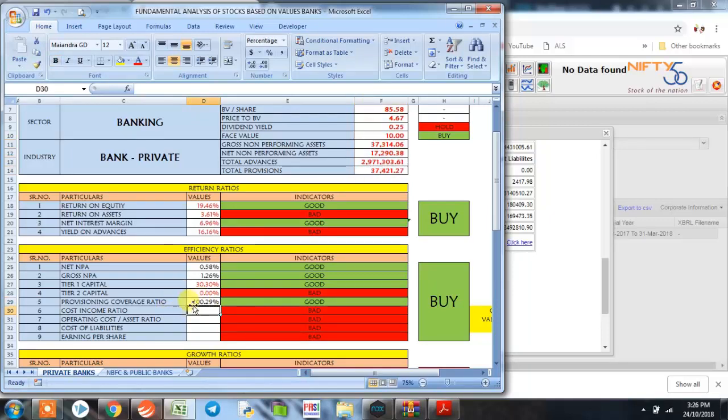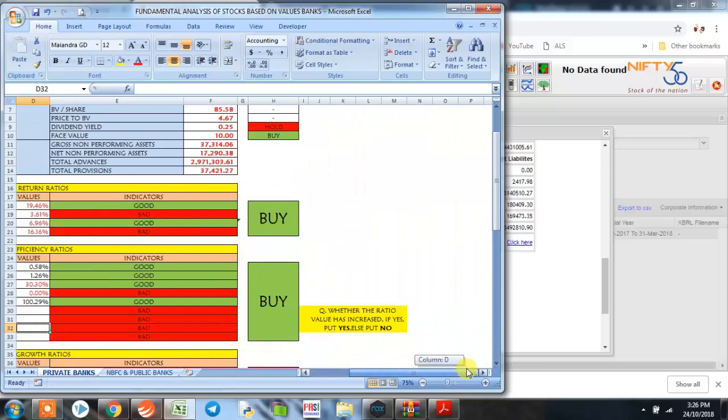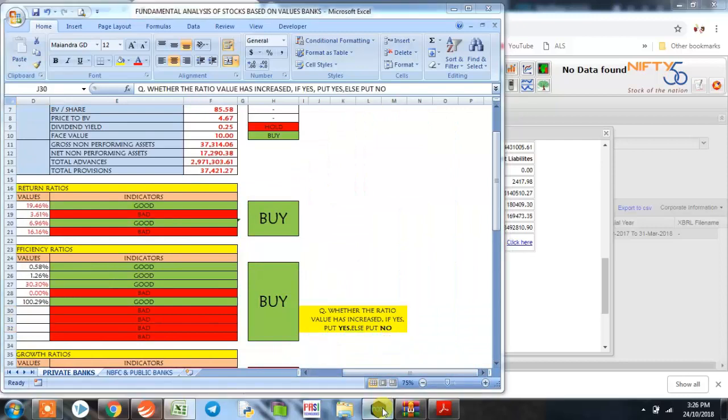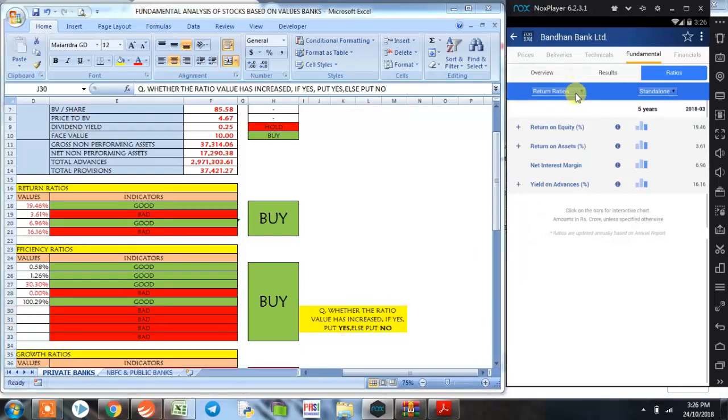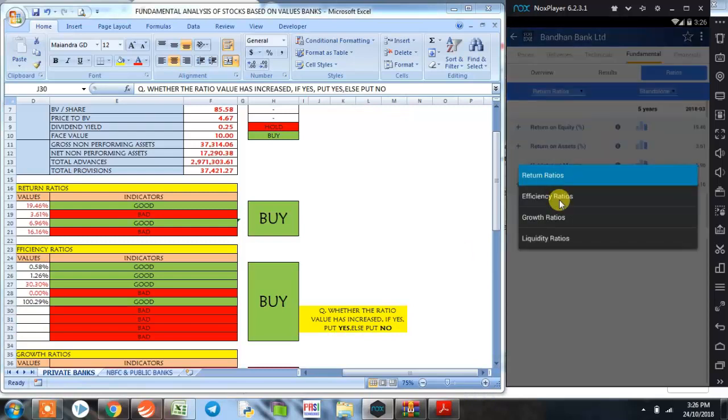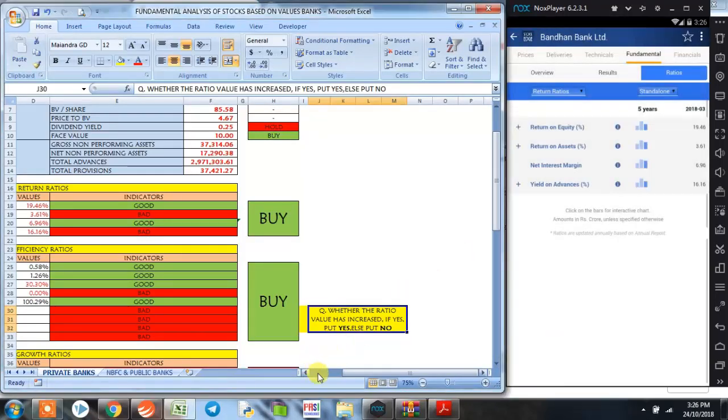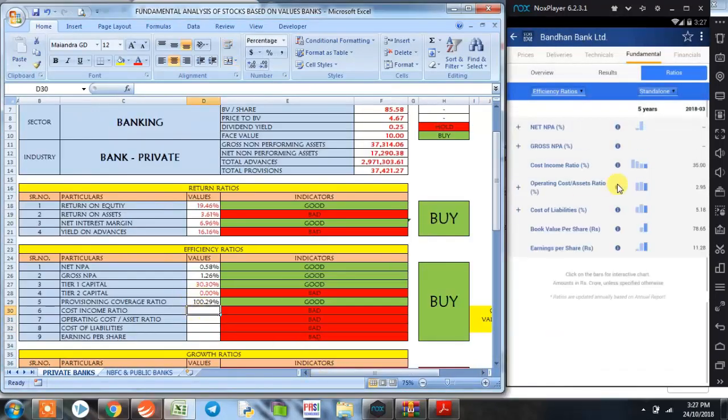Now coming on to the cost income ratio, operating cost to asset ratio and cost of liabilities. For this we'll have to satisfy a condition. We'll have to check on the StockEdge app whether the ratio value has increased. If it has increased, then put yes. If it has decreased, then put no. So we come to the efficiency ratio here, and first is cost income ratio.